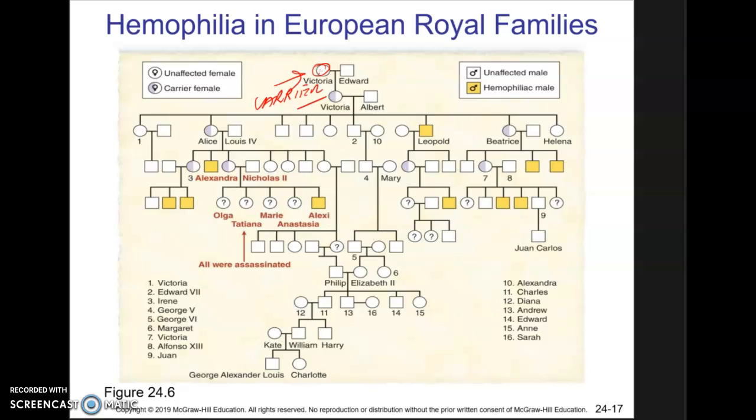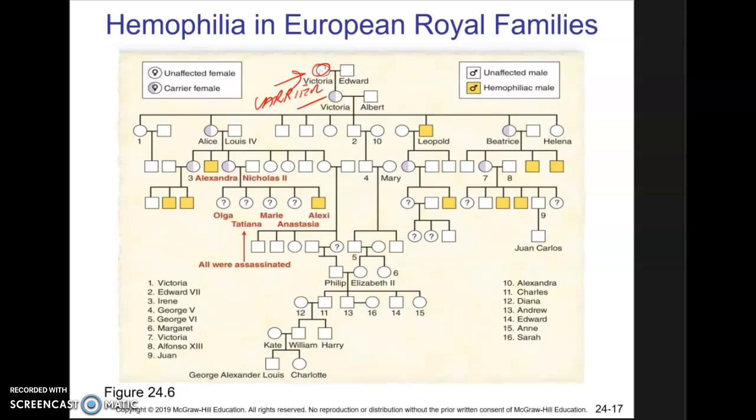Of her 26 grandchildren, 4 had hemophilia. It could all be traced because none of the earlier ancestors were affected. Like I said, the faulty allele must have arisen with Victoria.